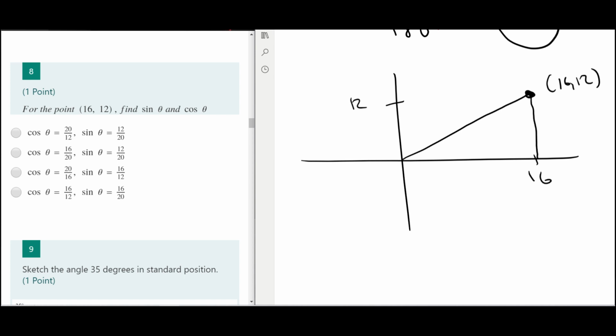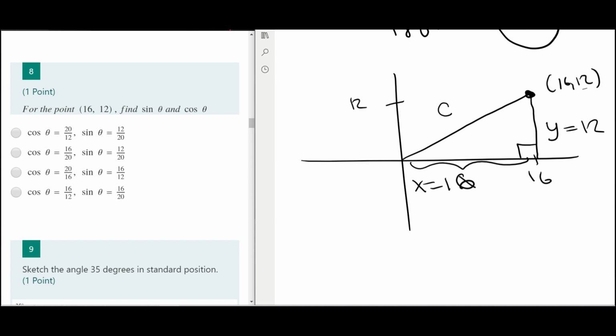You can bring this down as a right angle, and now you have your side here is 16 because that's the x component. Remember, when you have a coordinate in space, you travel along the x first, and then you travel along the y, right? This is the x coordinate, and then this is the y coordinate, and the y coordinate is 12 according to the point in space. So that's 16 and 12, and then you can find this using the Pythagorean theorem.